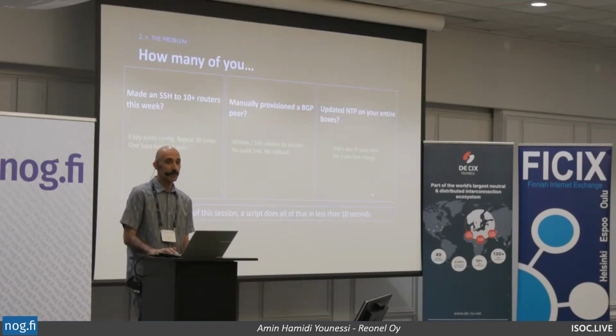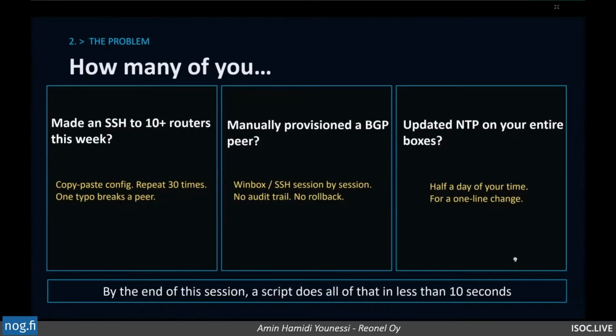Let me ask a few questions. How many of you, during the past weeks, tried to connect to at least 10 or more routers at the same time in order to configure them?